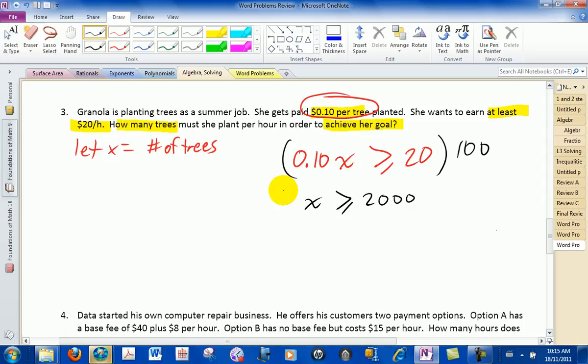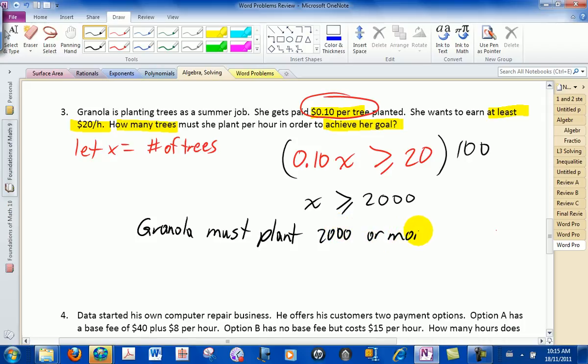Yes. Granola must plant 2,000 or more trees. What's another way of saying it? Granola must plant at least 2,000 trees. Yeah, good.